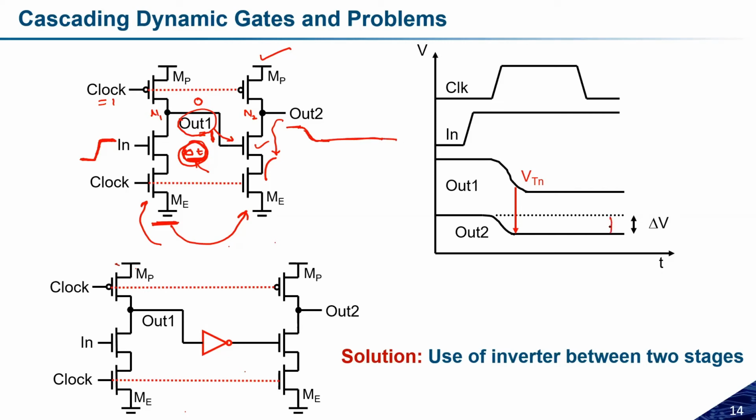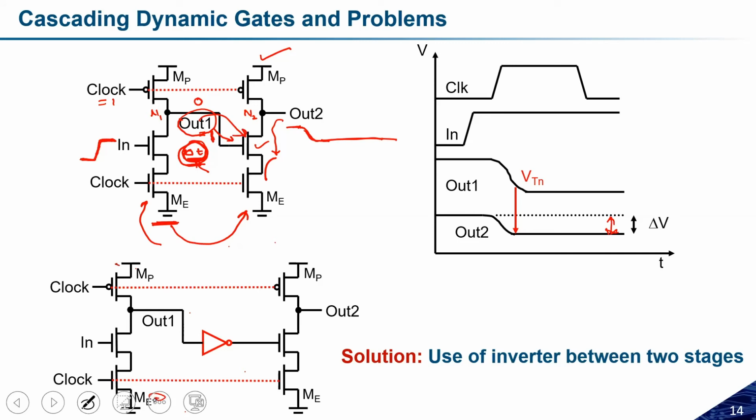So simply this is based on how much discharge there is and how much delay it is. So if delta t is very small, the delay of this first circuit is very small, then it will take more time to get the previous value to reflect at the second dynamic logic circuit. So this is the problem.